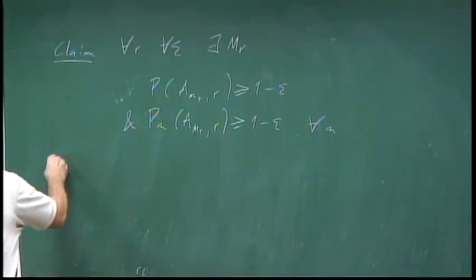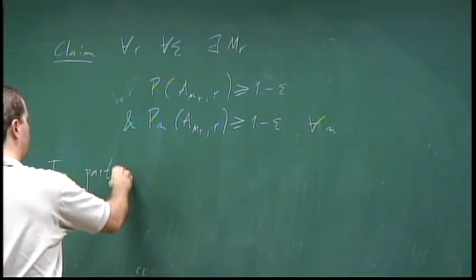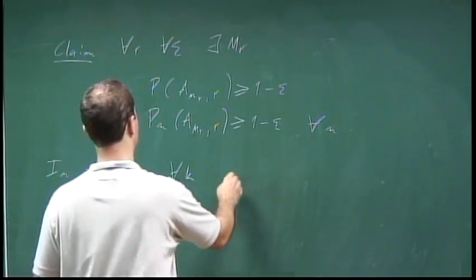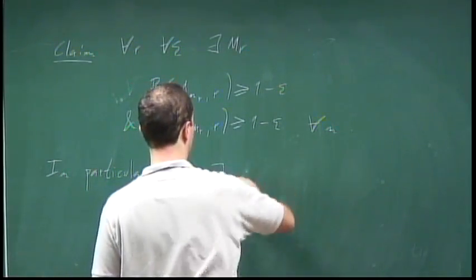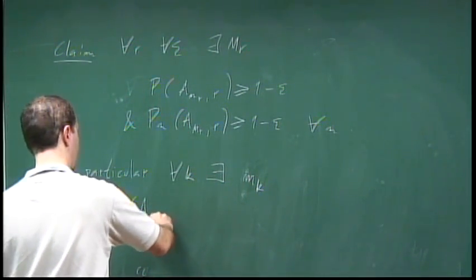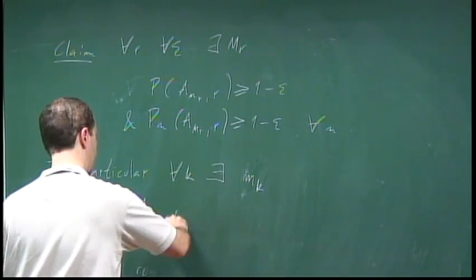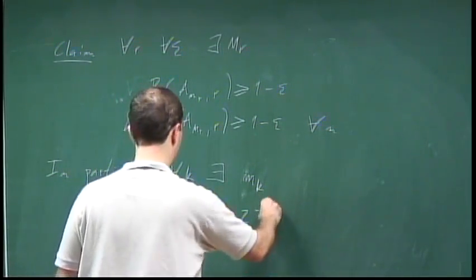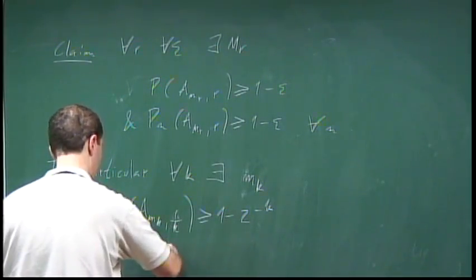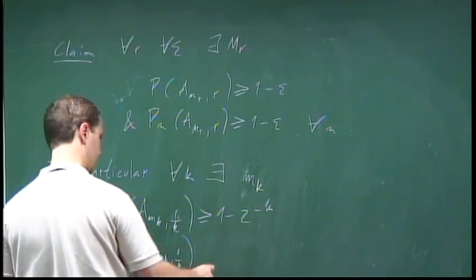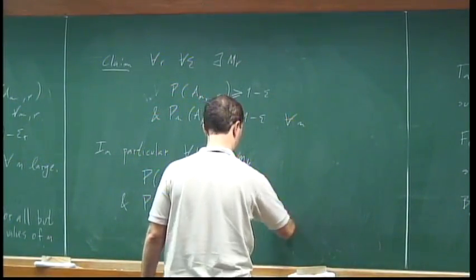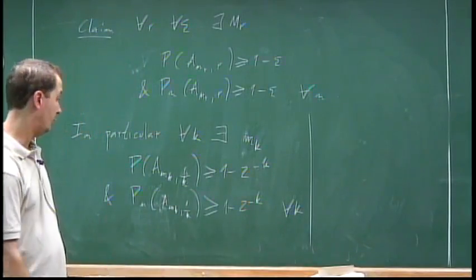So in particular, for all k, there exists an index, which I'm just going to call little m of k, such that P of A_{m(k),1/k} is greater than 1 minus 2 to the minus k, and P_n of A_{m(k),1/k} is greater than 1 minus 2 to the minus k, for all k, for all n.